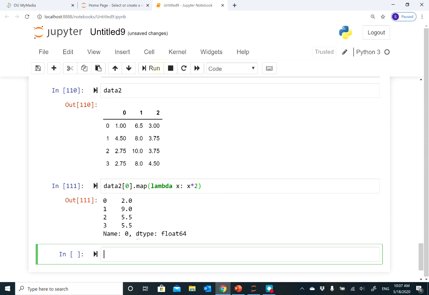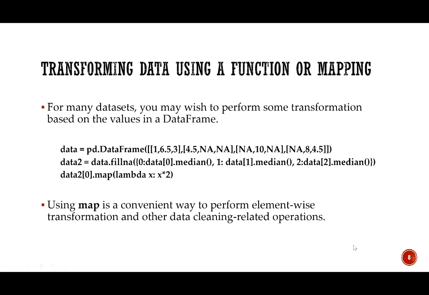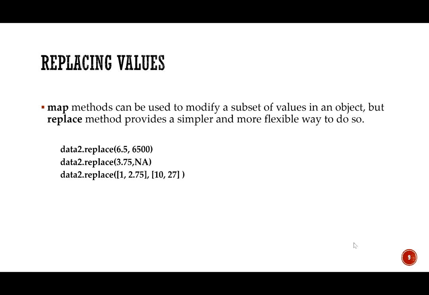Then if you run this, then you can see 1 times 2 is 2, 4.5 times 2 is 9, and 2.75 times 2 is 5.5. And that's how we can update the values for each column based on the function that we define. So we use this map function for data cleaning operations.